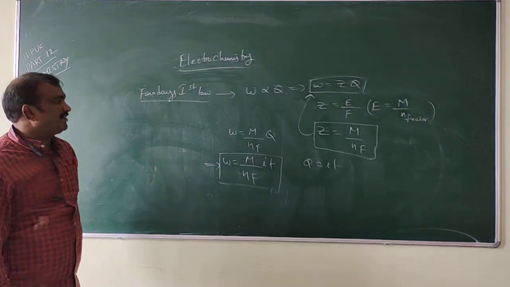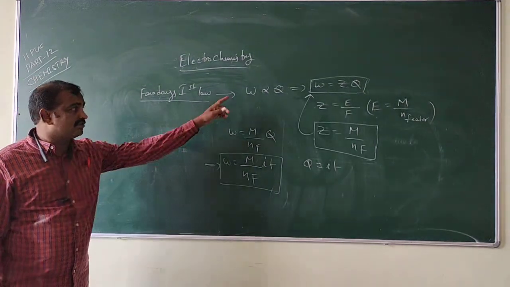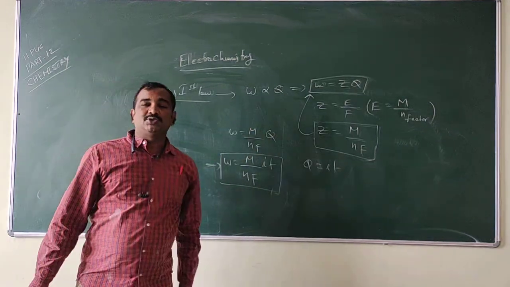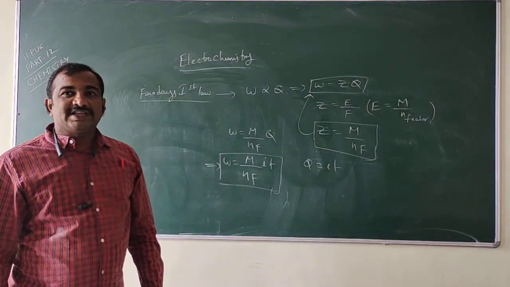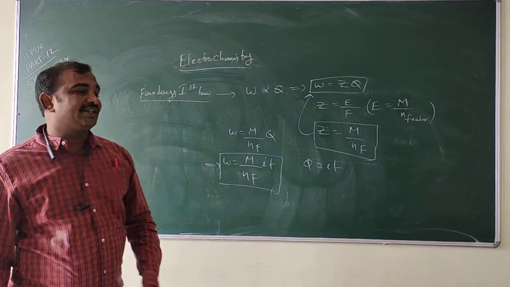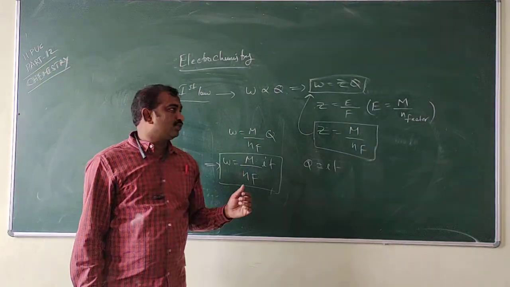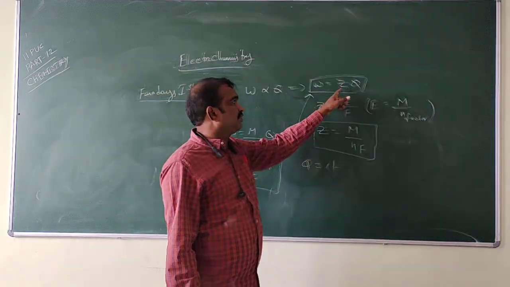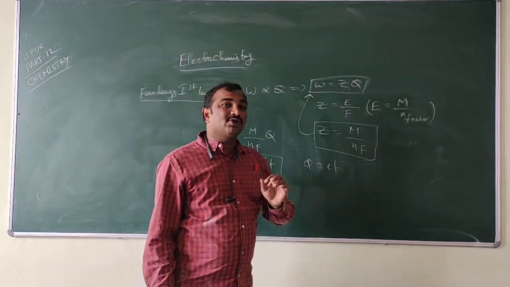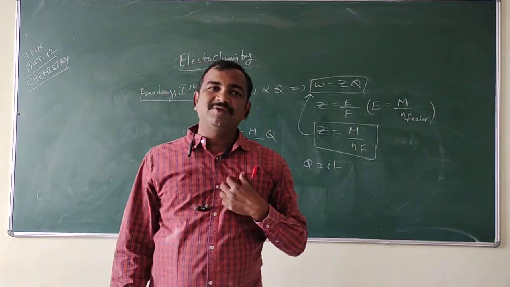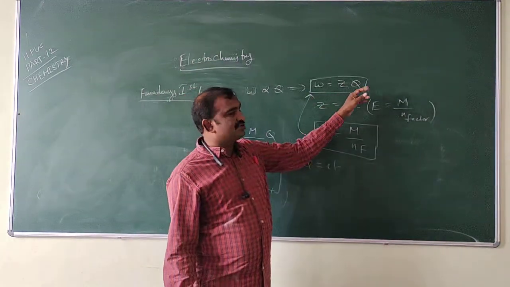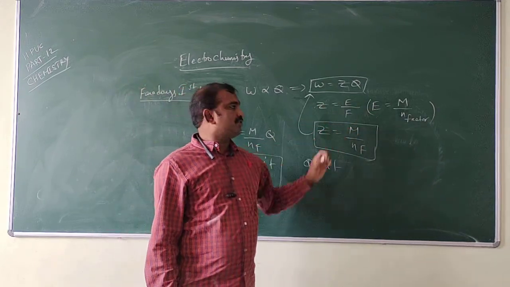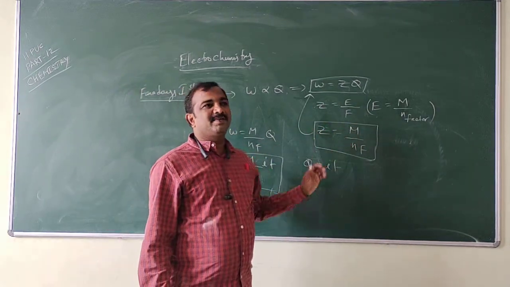Faraday's first law means the amount of substance deposited or liberated is directly proportional to the quantity of electricity passed through the electrolyte, that is Q. By removing the proportionality, we put a constant called the electrochemical equivalent, so W is equal to Z into Q. Z is equal to E by F and E is equal to M by n factor, so Z is equal to M by nF.